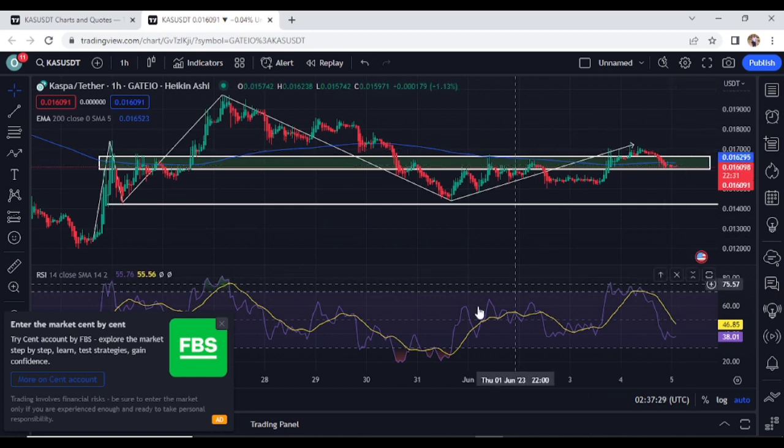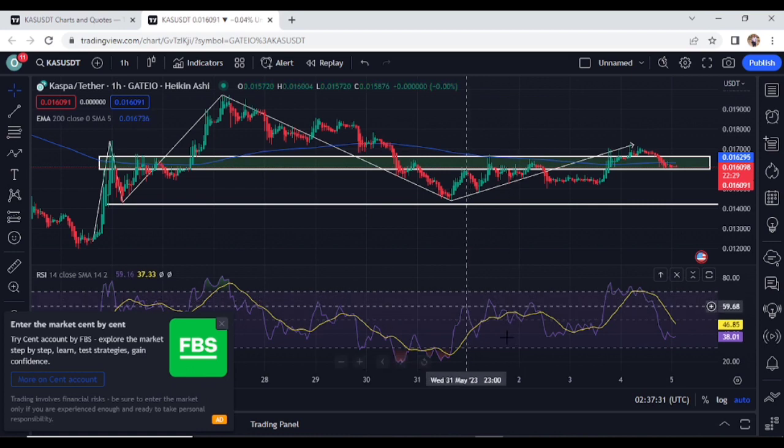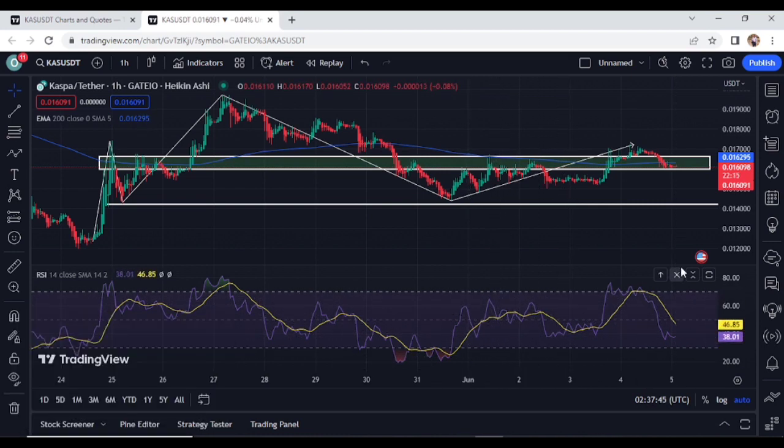If we go to our RSI, the relative strength index, as long as the price of Kaspa remains on this straight line and continues to form this consolidation, this RSI would continue to go down towards the oversold region. And when the RSI gets to the oversold region, the next thing to happen is an impulsive move or a correction on the price of the coin.